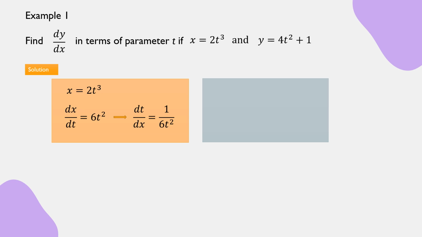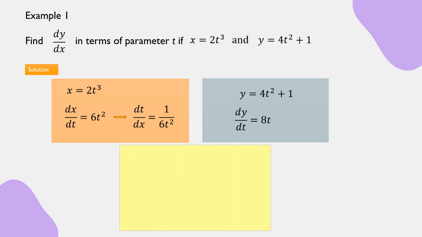Then we find dy/dt. y equal to 4t squared plus 1. dy/dt equal to 2 times 4, 8, and then t to the power of 1. The power of t is reduced by 1.